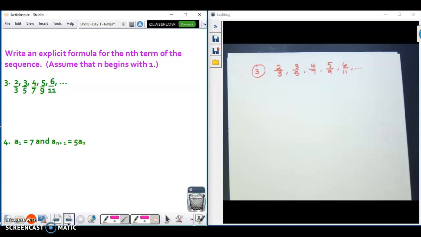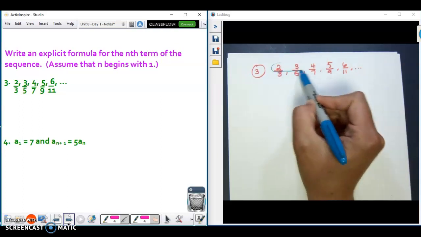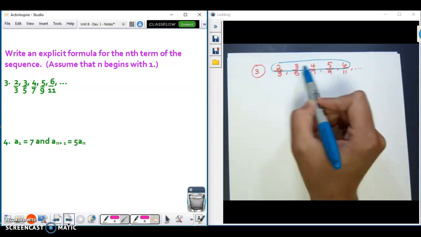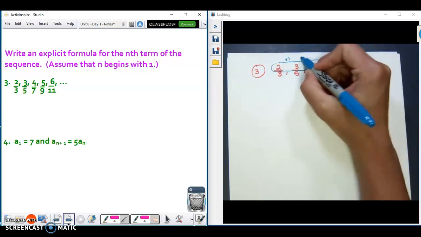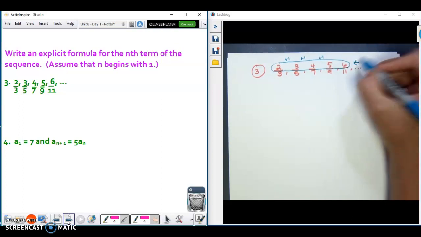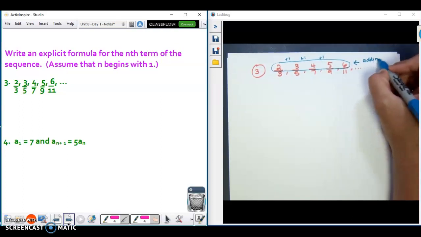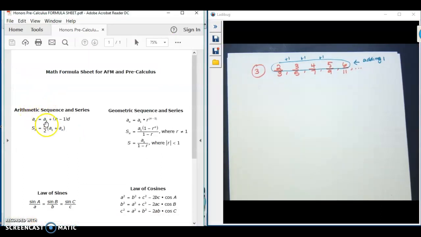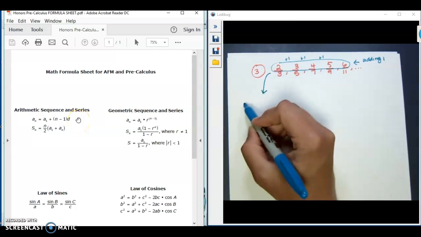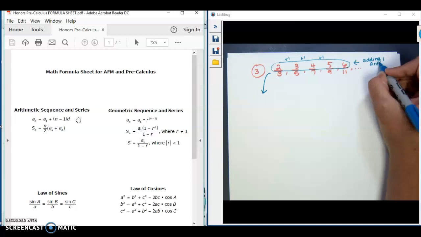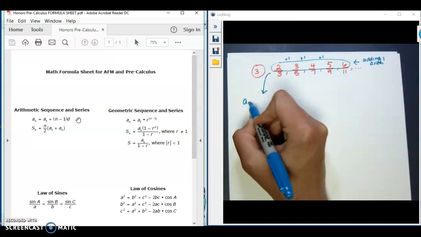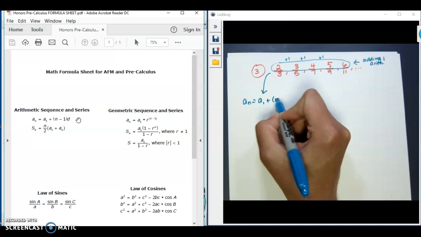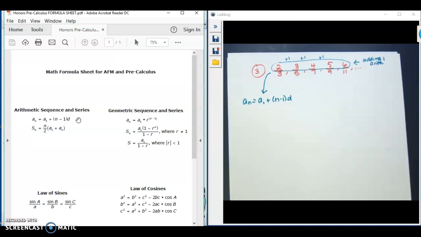If you want to write it separately, you can, but I'm just going to look at the numerator. How are we getting from term to term here? Well, we're adding 1 each term. So for the numerator, we are adding 1, which means that's an arithmetic sequence, which means I can use my formula to get my explicit. So I can use a sub n equals a sub 1 plus n minus 1 d.